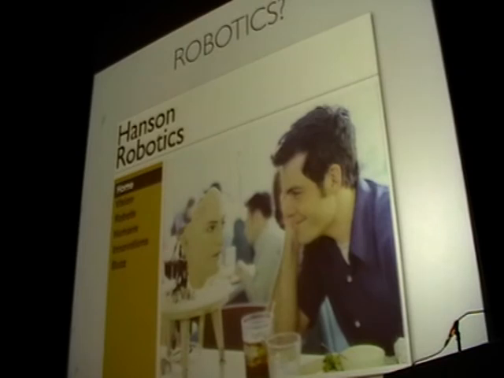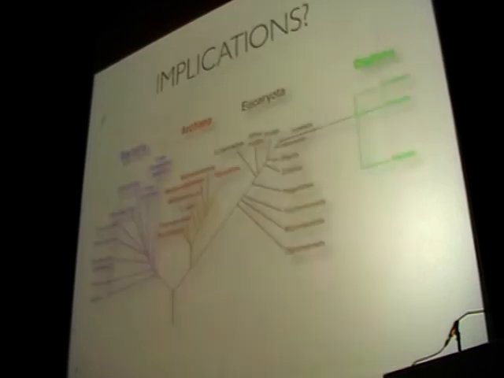Same thing with the field of robotics, in its very early stages, but in some cases with the ultimate goal of trying to replicate human-like consciousness. And it's okay to chuckle a little on this one. What are the implications? I don't think it's an illogical question to think about.